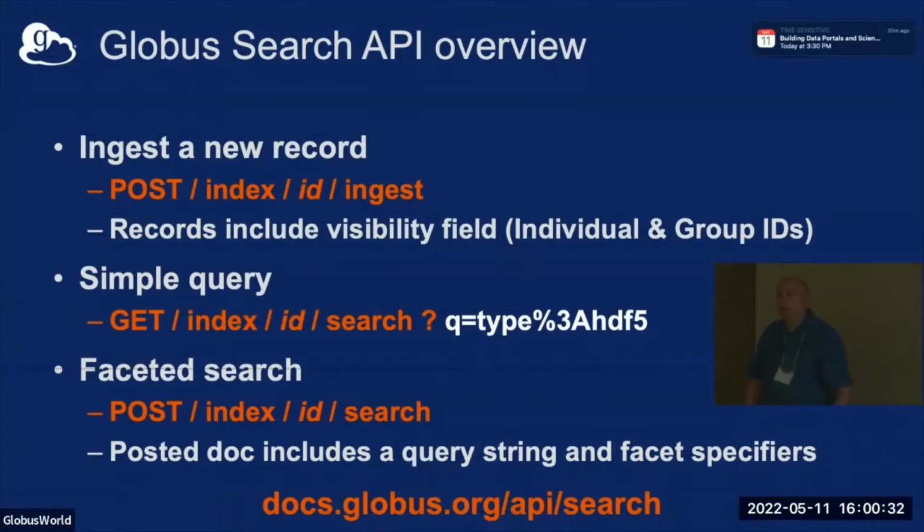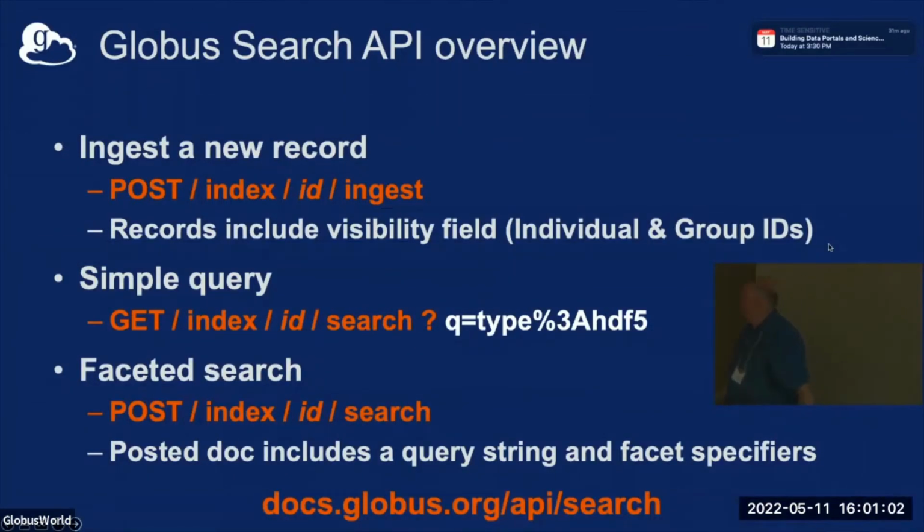So what can you do for searching? If you want to do a simple query, so basically just provide a query string and have it be matched against any records in the index, you can do that with a GET request where you say GET index, and then the ID, that's a UUID of your index, which you get when you create the index, and the search endpoint, and provide a query.